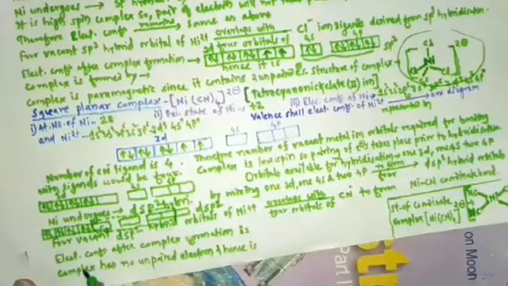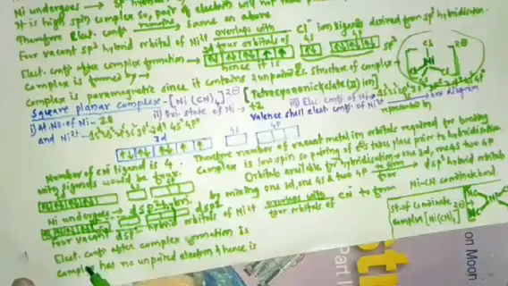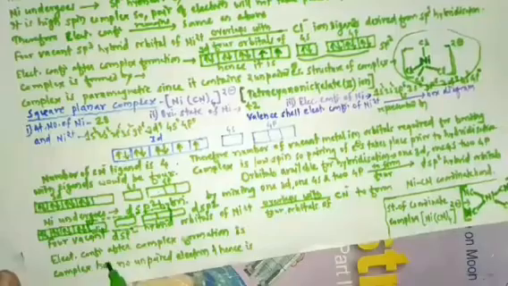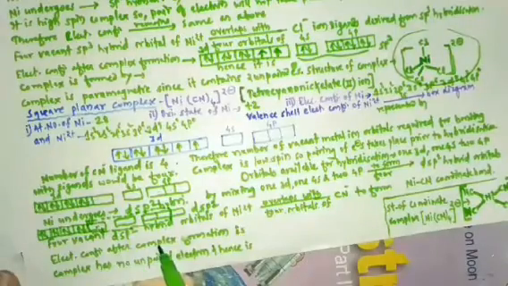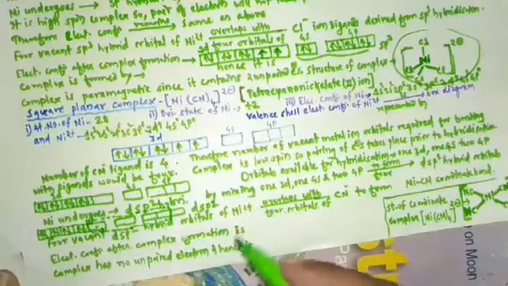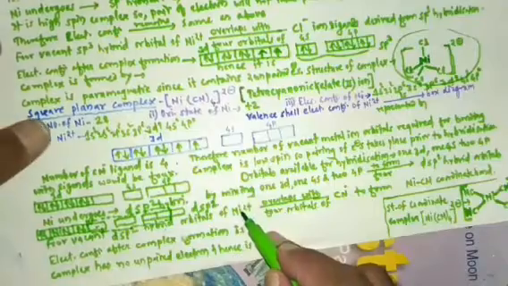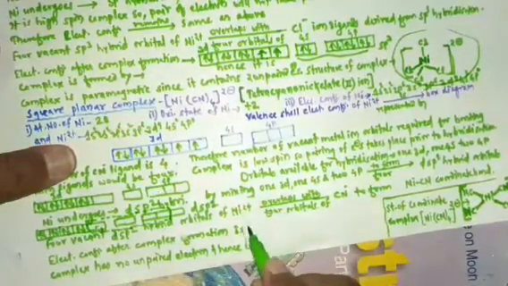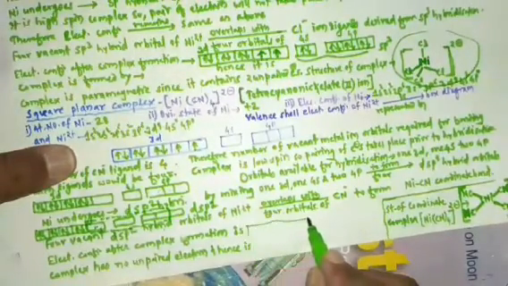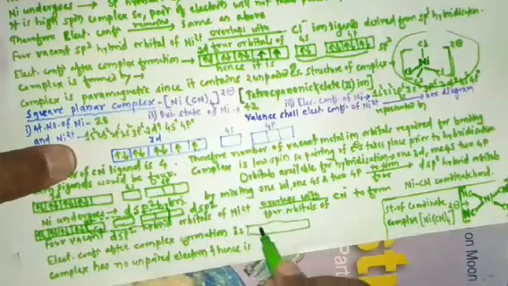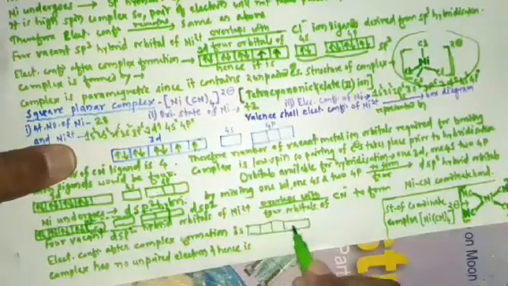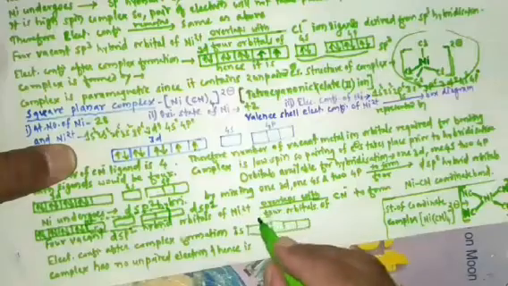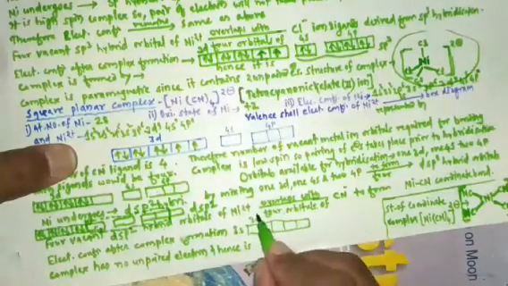So let's represent the electronic configuration after complex formation. These are the 3d orbitals, 1, 2, 3, 4, 5.